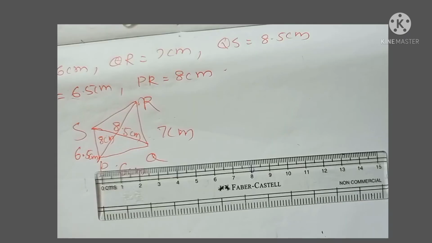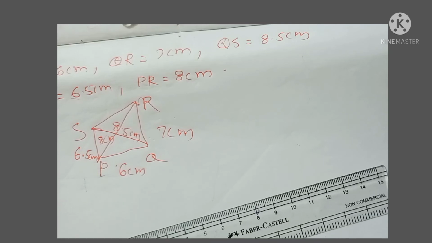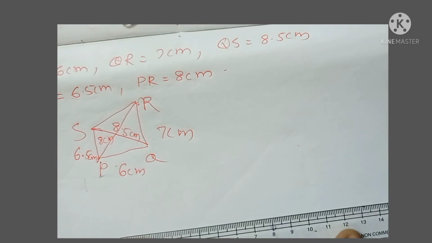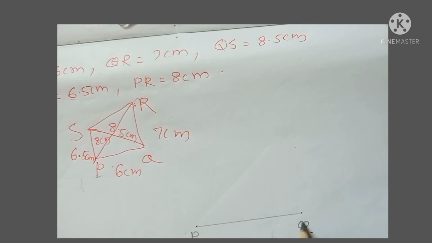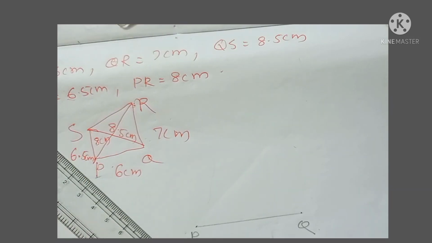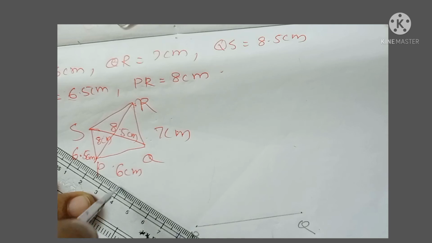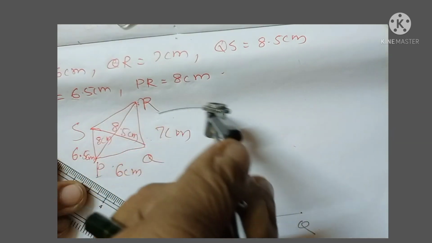Here first I want to take 6 centimeter in the scale. So 4 to 10, it is 6 centimeter. Then name it as PQ. Then using compass take 6.5 centimeter from P. Then from P draw an arc of 6.5.